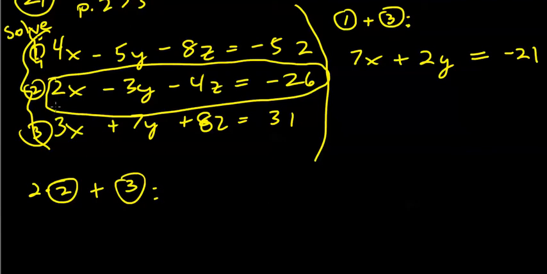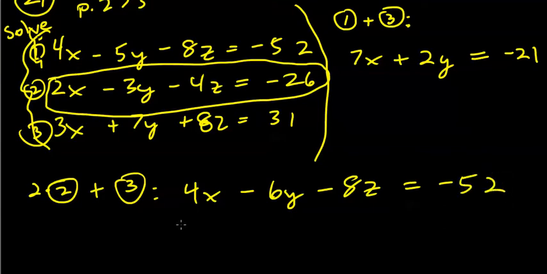Alright, let me take my time here, do this real nice. 2 times equation 2 is going to be 4x minus 6y minus 8z equals minus 52.